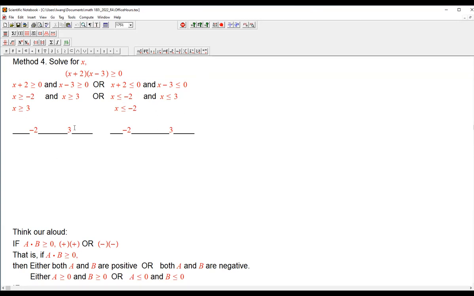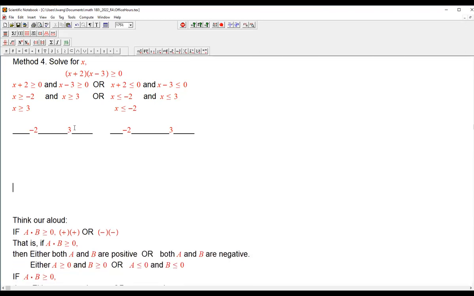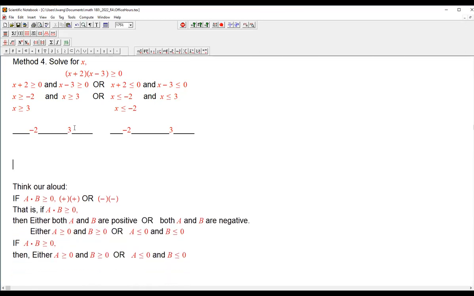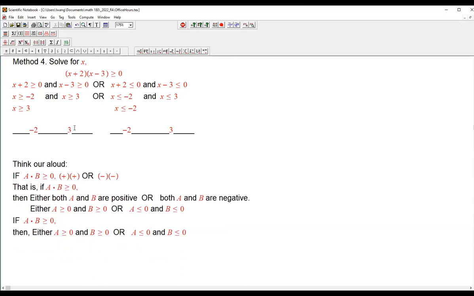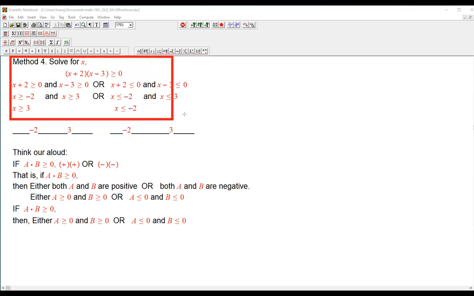Anything short of that is either incomplete or you're missing some pieces. For example, for this piece, the amount of work you have to show is just this much. You can show the number line or you don't have to show the number line. For this method, you just have to show this much work. That's enough.